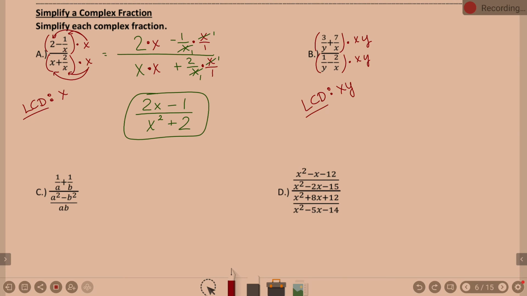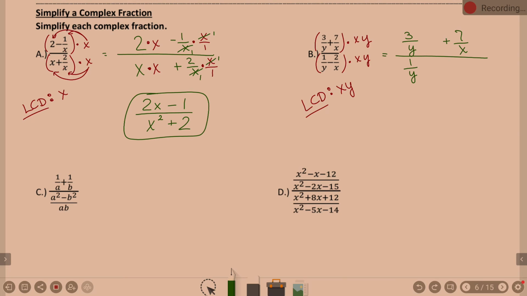Now, for the benefit of being able to see it, I'm going to write it out. And I'm going to show that we're multiplying every term by xy. I'm going to take 3 over y, and leave a space so I can write an xy by it. I'm going to take 7 over x and multiply that by xy. I'm going to multiply 1 over y by xy.